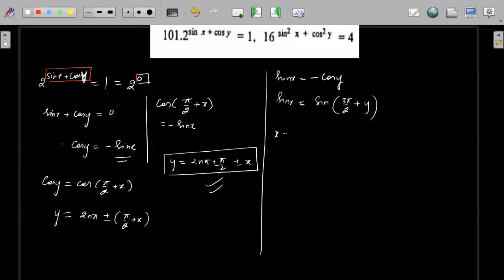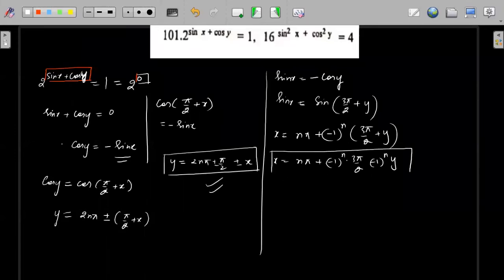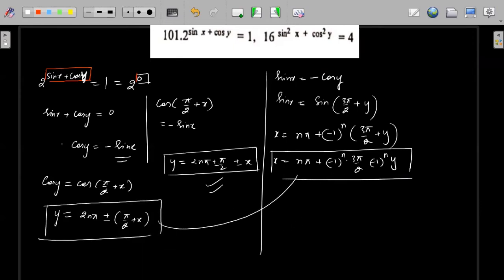So now we can write x is equal to n pi plus minus 1 to the power n of 3 pi by 2 plus y, or x is equal to n pi plus minus 1 to the power n of 3 pi by 2 minus y. When you write different values of n, both will give you exactly the same values of x and y. So I hope this one is okay for everyone. Understood? Fine. Okay.